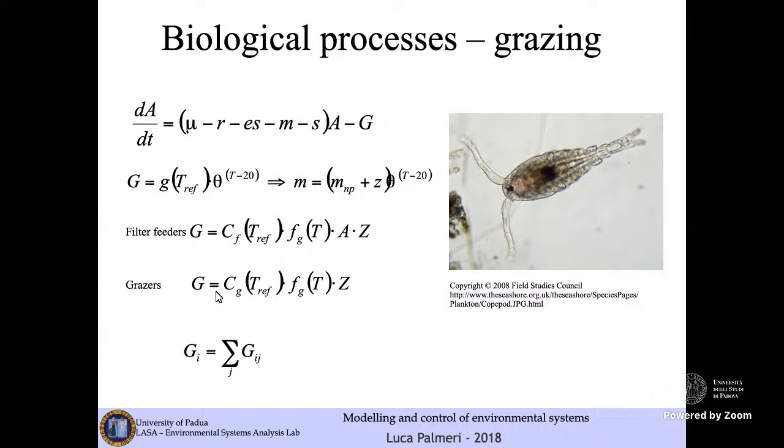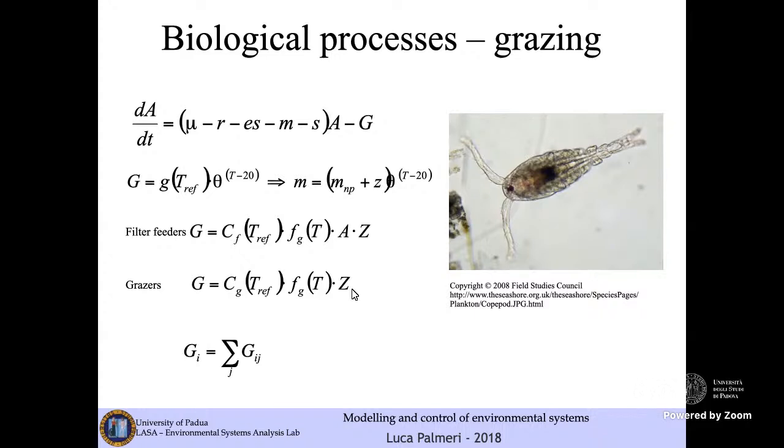While for grazers, we have a slightly different formulation. In this case, the growth rate is equal to a concentration of grazers at the reference temperature, multiplied by a temperature limiting function for grazers, Ft, multiplied only by the concentration of zooplankton or grazers.